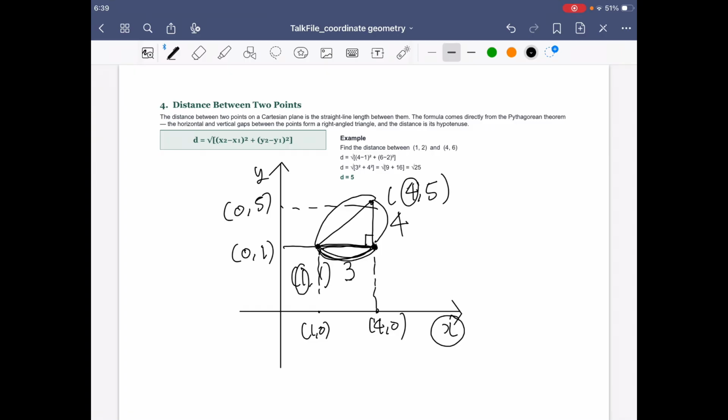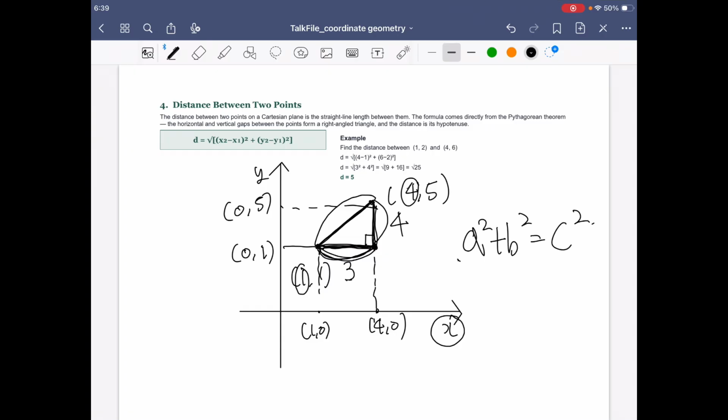So now we want to know the distance. And when you really think about it, this is just the hypotenuse of this right angle triangle. And then we know the other 2 sides. So that's how we get this hypotenuse. Just use the Pythagoras theorem, a squared plus b squared equals c squared.